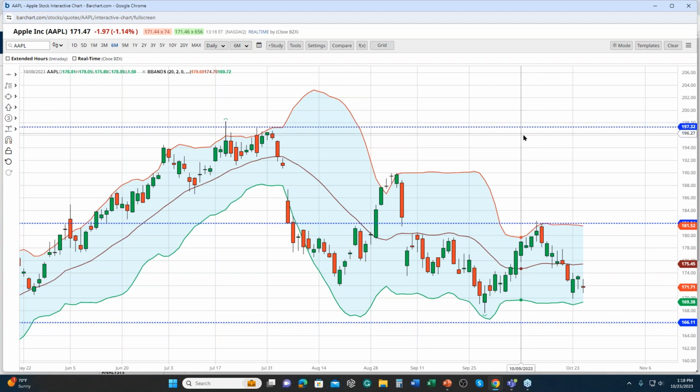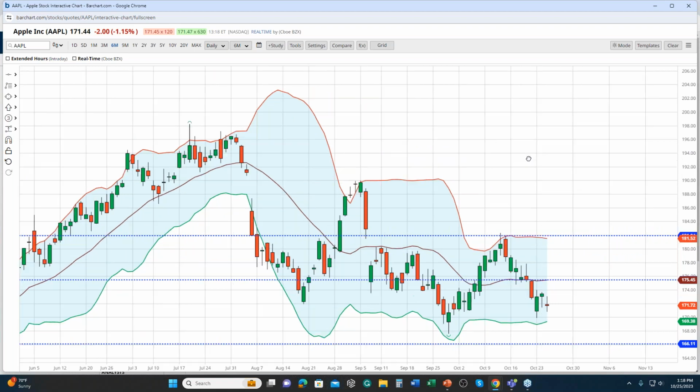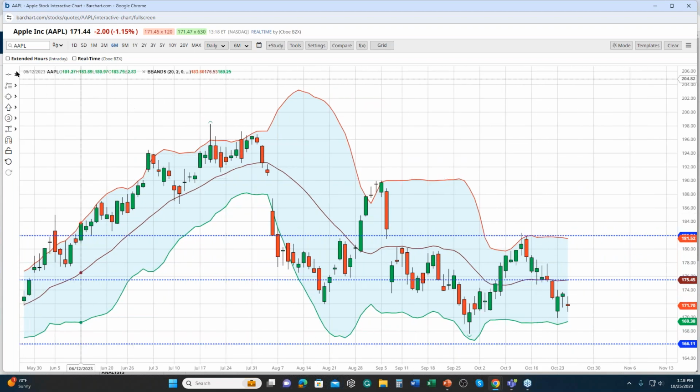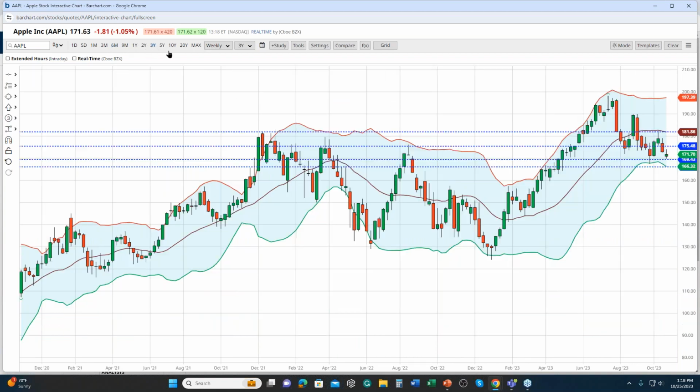So I'm just going to borrow this line for a second. I'm just going to move this to my mean on my daily. And then what we could do is draw, again, another horizontal line on our lower band. Now, notice what happens here is that I didn't touch this line. This was our mean. Again, let's go back to our weekly. That was our mean of our weekly time frame.